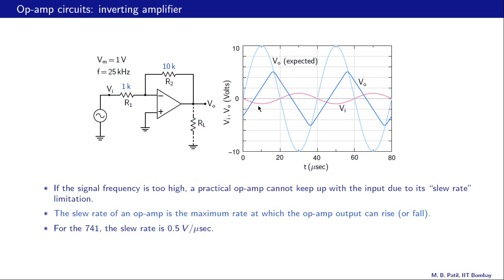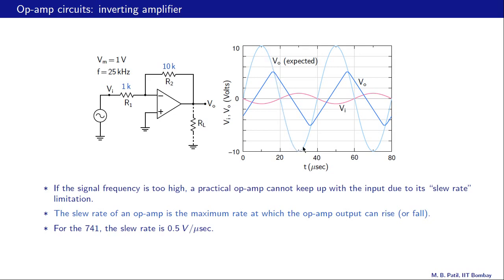This is the input signal going from minus 1 volt to plus 1 volt. And the output that we expect is 10 times the input voltage, so an amplitude of 10 volts, and of course it's going to be out of phase with the input voltage. So that is the output voltage that we expect.